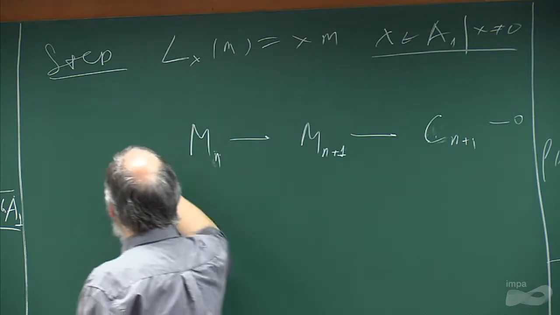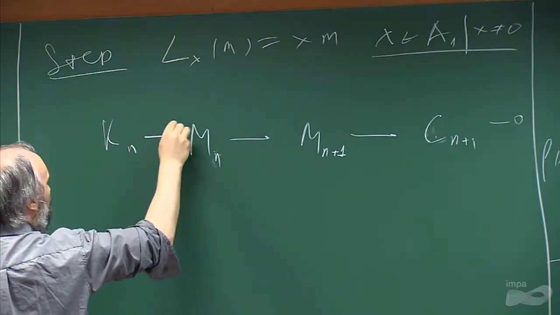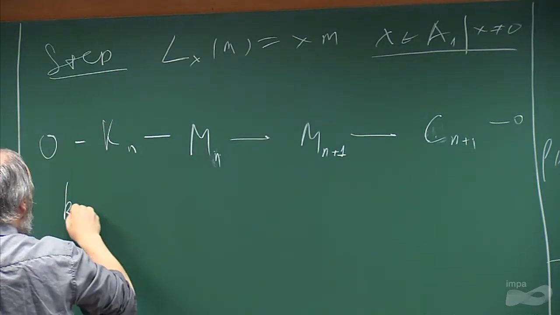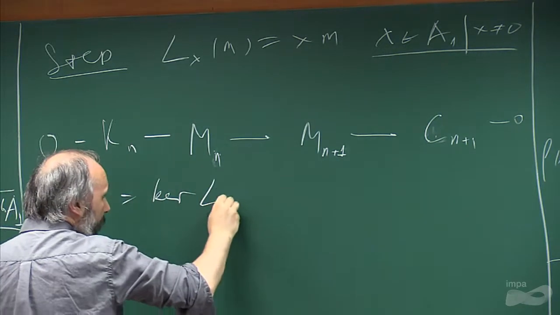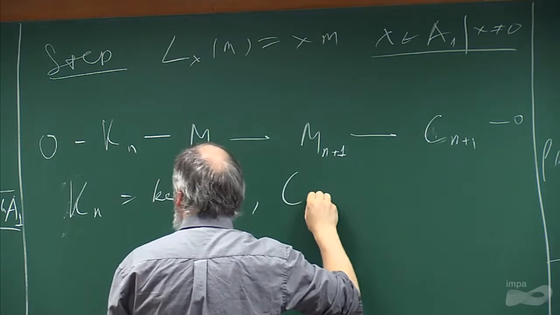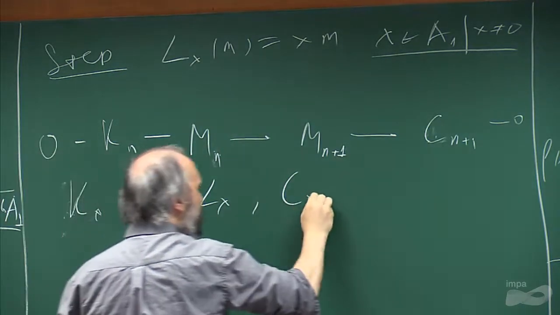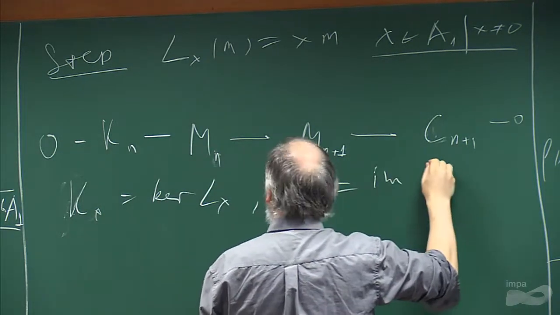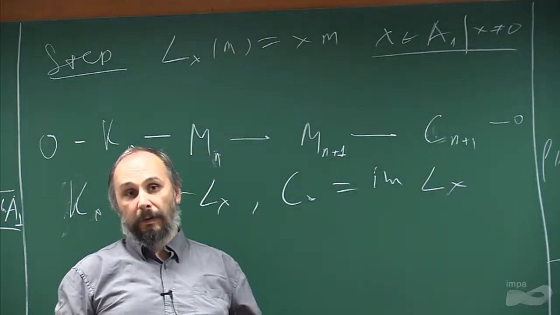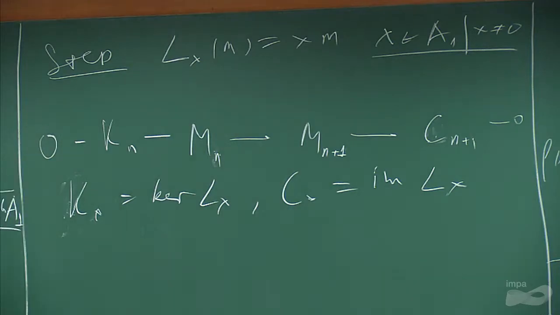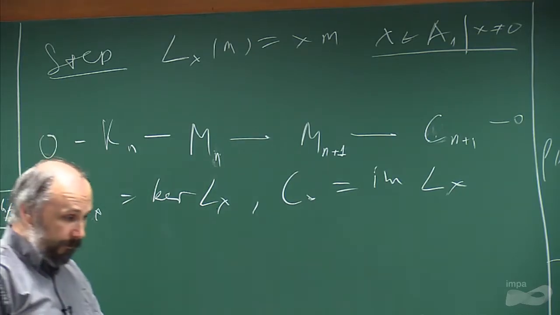And here you have K_n, 0, where K_n is the kernel of L_x, and K star. And C star is the cokernel of L_x. These are two modules, obviously finitely generated, over our ring A. And this is an exact sequence.